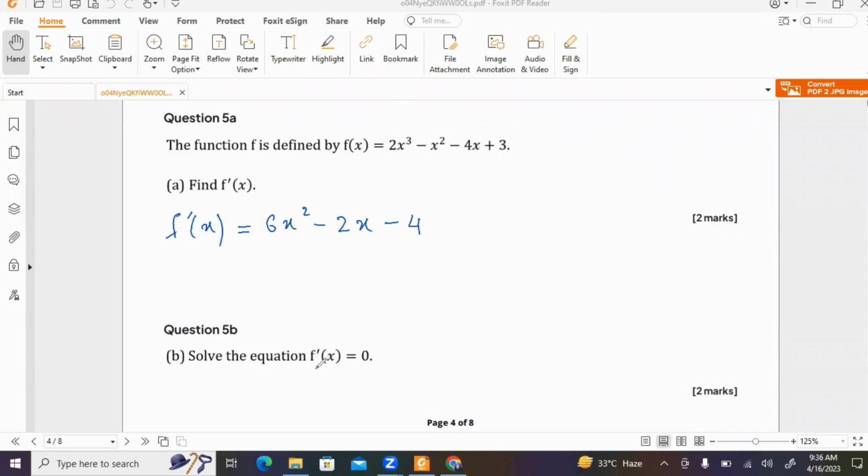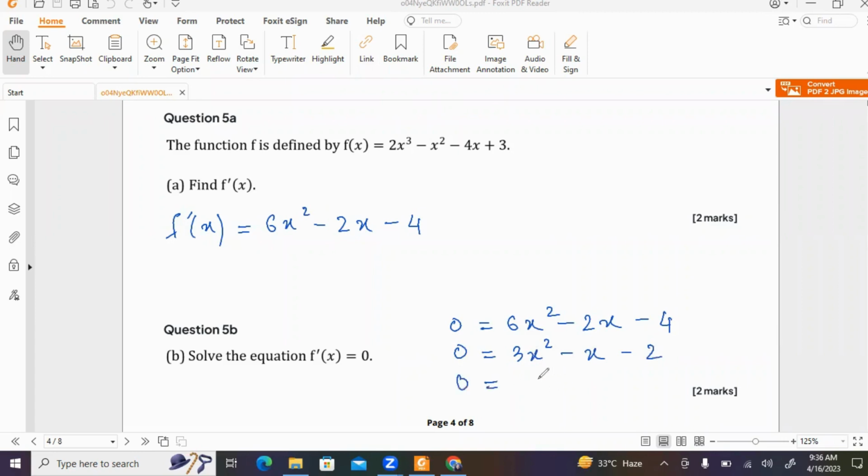Then it says solve the equation by putting the first derivative equal to 0. So that's going to be 0 equals 6x squared minus 2x minus 4. Every term is in the table of 2, so we can rewrite this as 3x squared minus x minus 2.